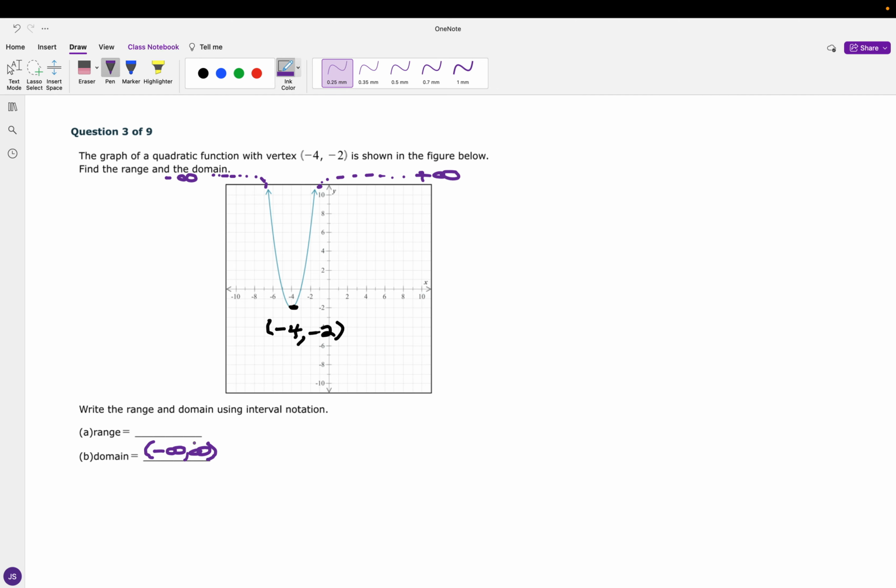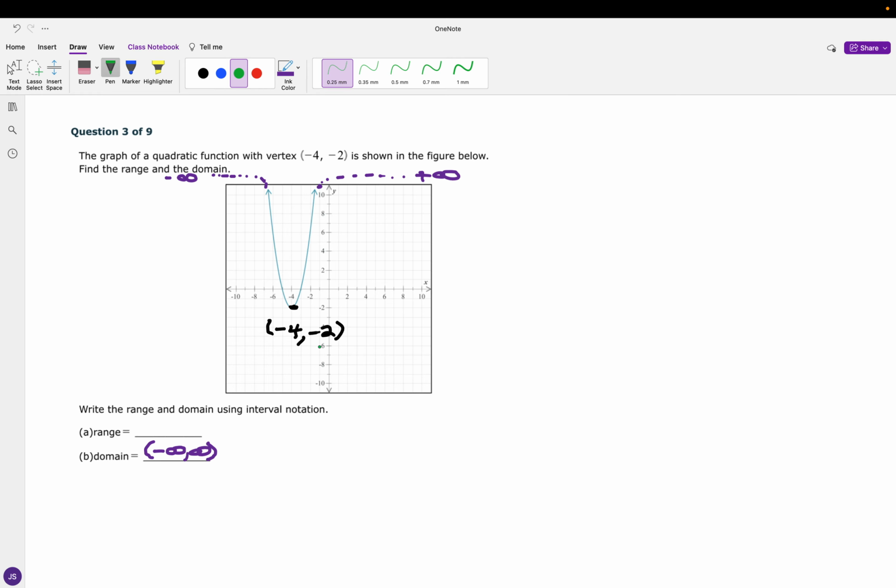Now for the range, it is not going to be the set of all real numbers, because you're starting from the minimum y value, and the minimum y value is what we have at the vertex.